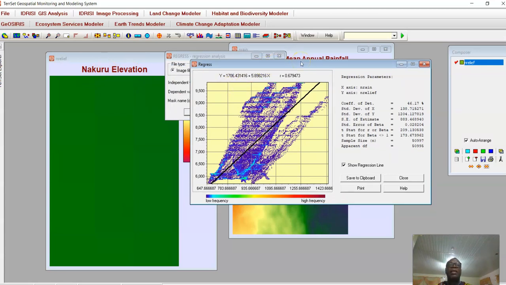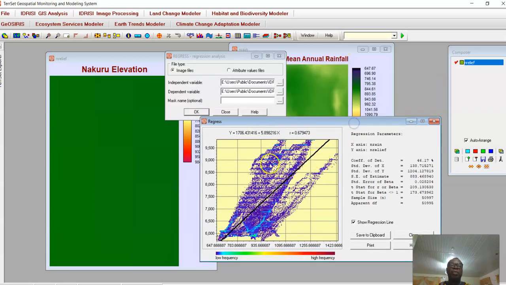We can go for scalar to derive the image of rainfall from the elevation, because our elevation is x and our rainfall is y.